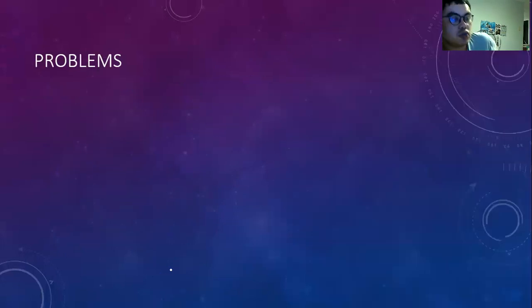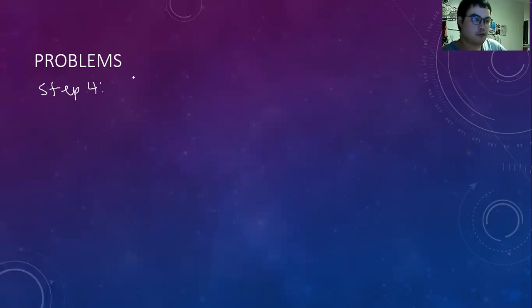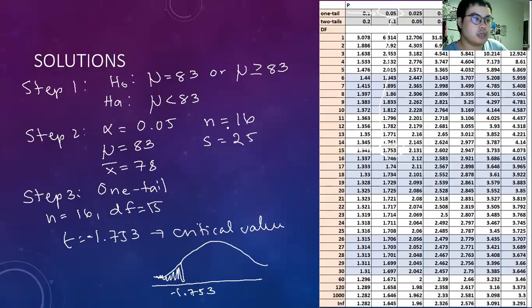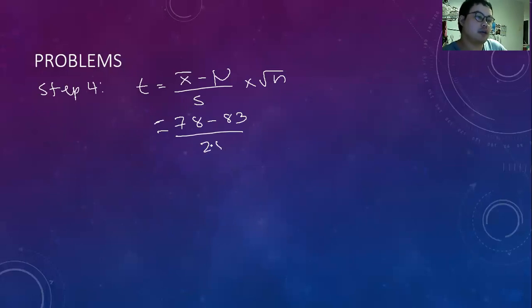So now we're going to step 4, which is to solve for the test statistic. Our sample mean is 78 minus 83, over our sample standard deviation of 25 times the square root of 16.